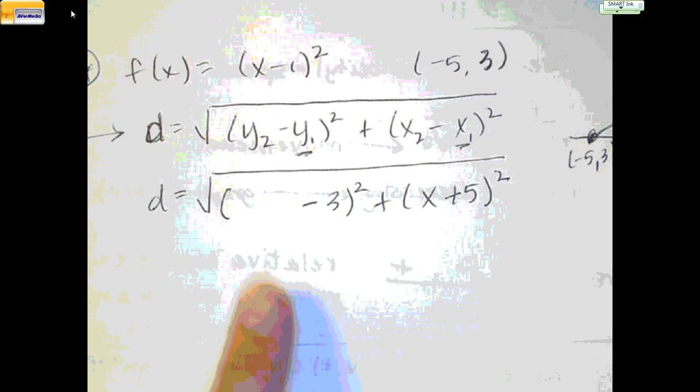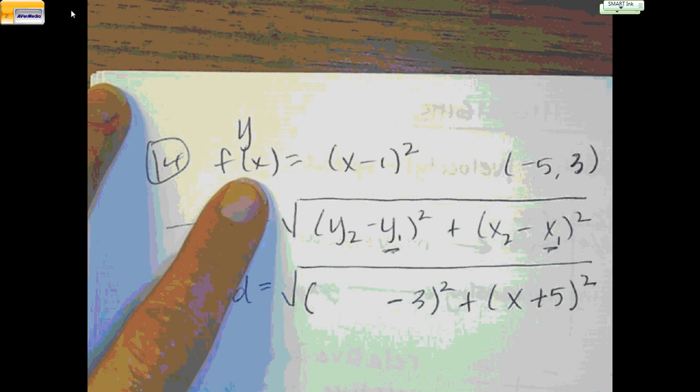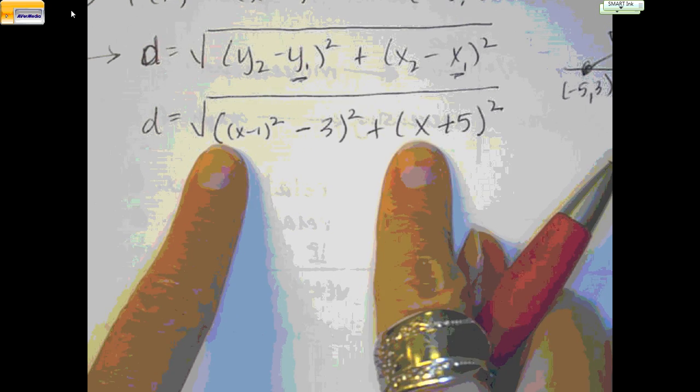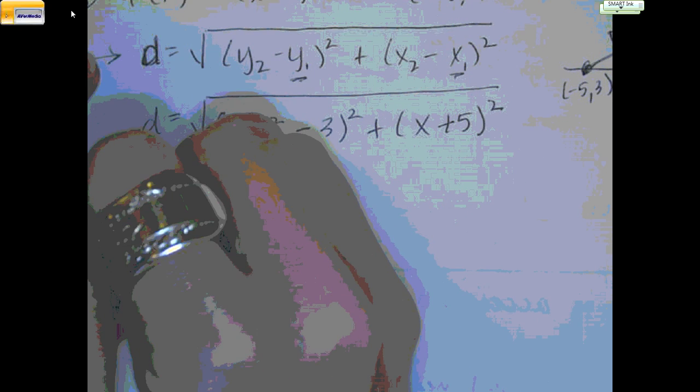And then I've got an x and a y. Well, really, function notation is really fancy for y, so we do have a y. We've got x minus 1 the quantity squared in place of our y value. Now we've got it whittled down to one variable, so we can play with this a little bit. We've got the square root.